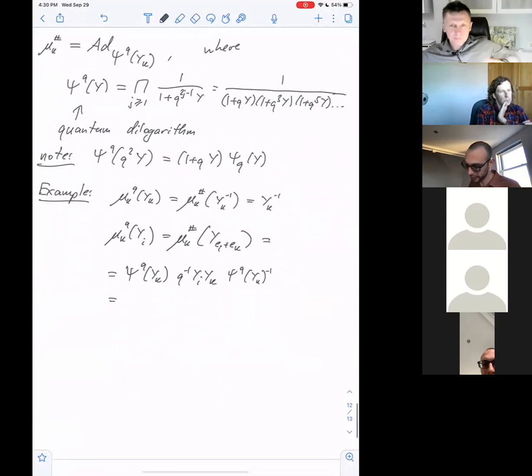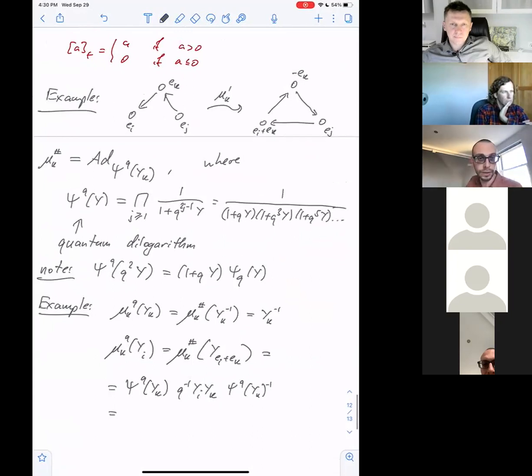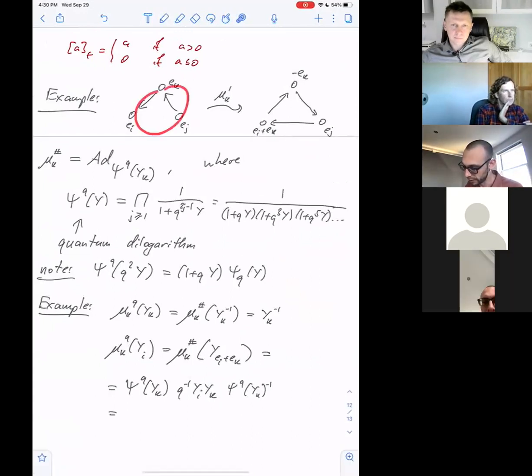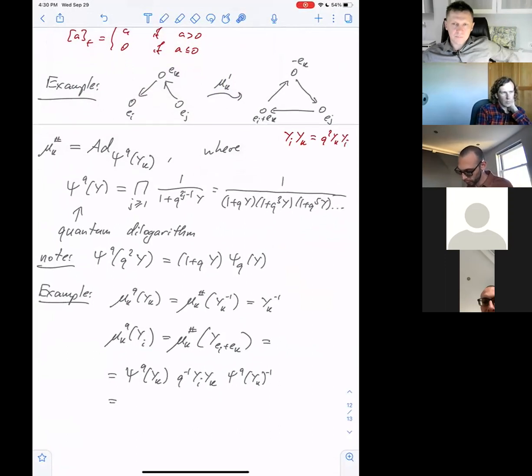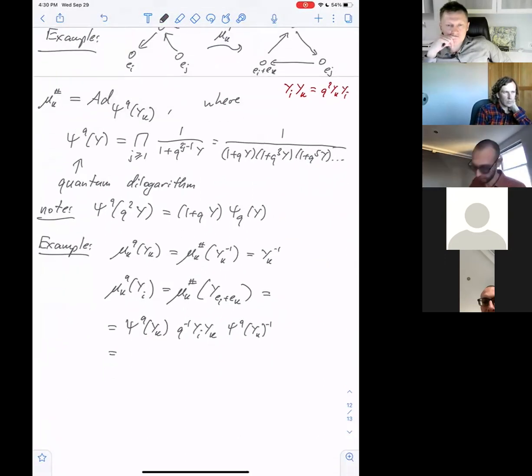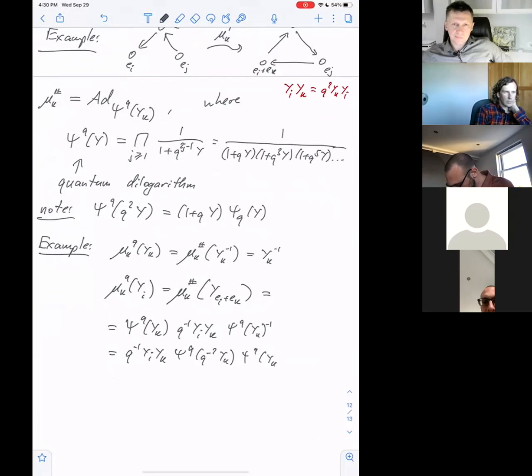And then let's note that from our relation, from our curve over here, we can see that yi yk equals q square yk yi. So when we move yk through yi, it will acquire a q to the minus 2. So what we'll get is q inverse yi yk psi q of q to the minus 2 yk psi q of yk inverse.